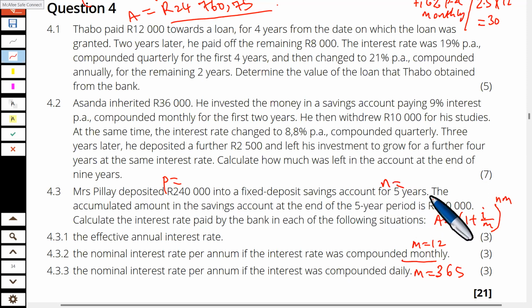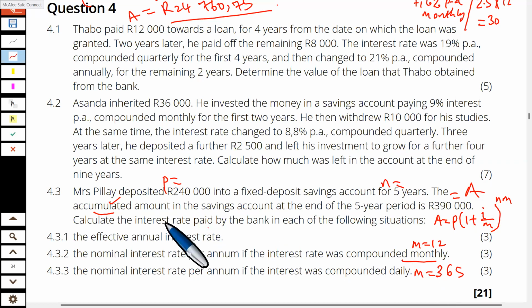So n is 5 years. The accumulated amount in the savings account at the end of the 5-year period is this. What if they say accumulated amount? It means that it is the final one. Accumulated is the same as the final, which is A.